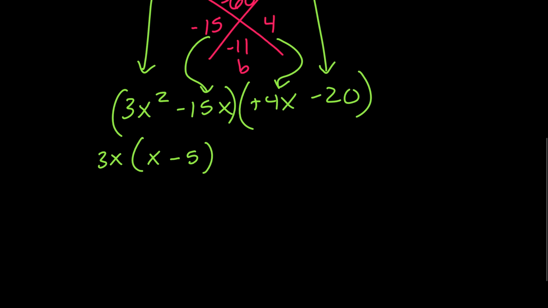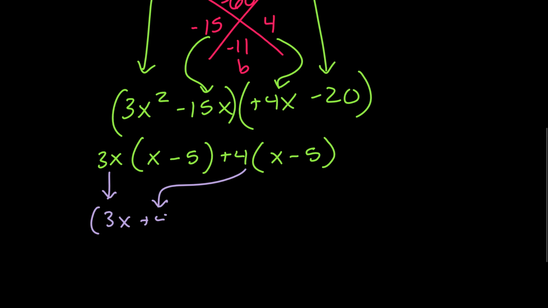Good. What's the GCF between 4x and negative 20? And again, we're left with, what is our check right here? If inside the parentheses is the same, you know you're doing this right. So my first factor is what? And my second factor is?